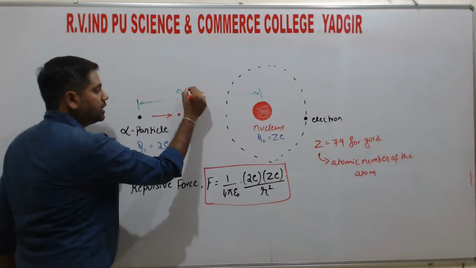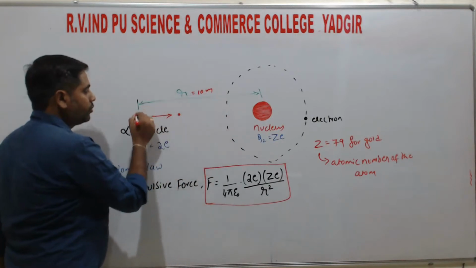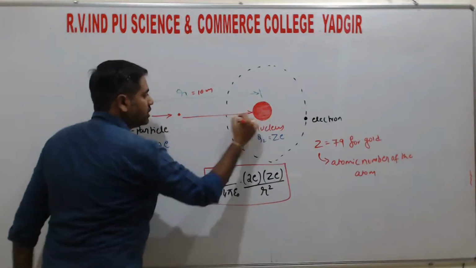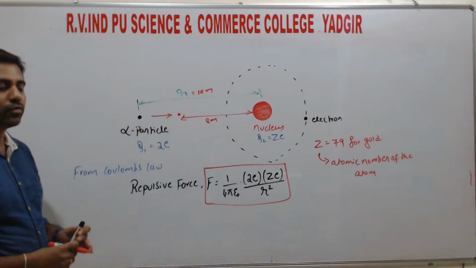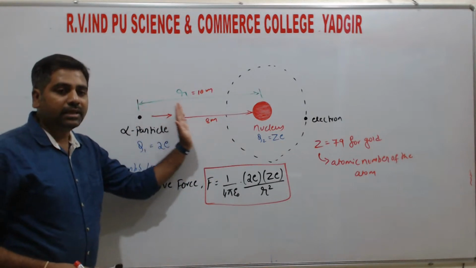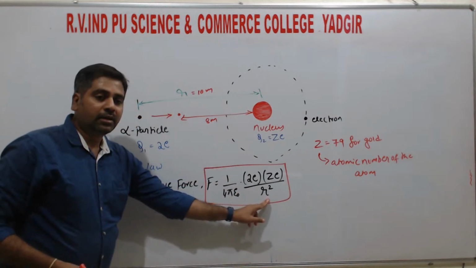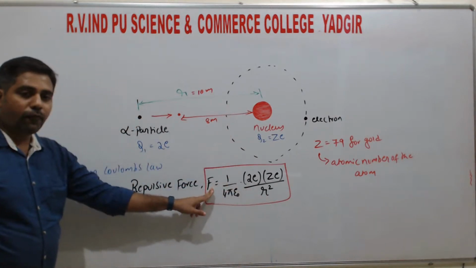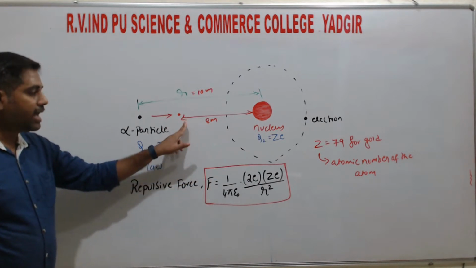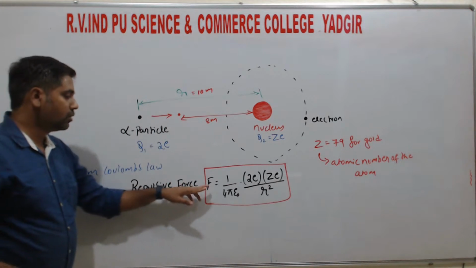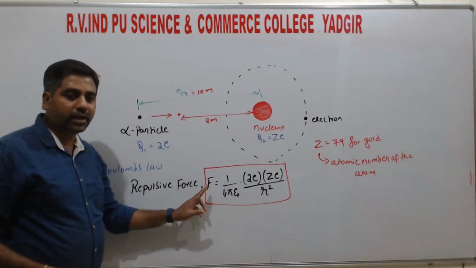If we consider this to be 10 meter from here to here, now this distance becomes 8 meter, right? As it approaches, its distance decreases. As the distance varies, the force magnitude also varies, and along with that the direction also varies, because force is a vector quantity, right?